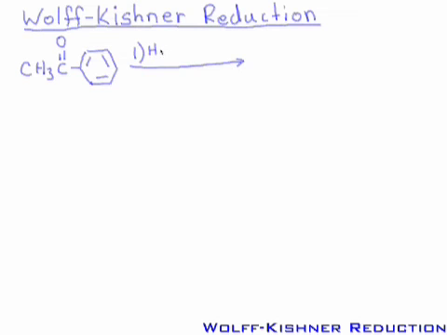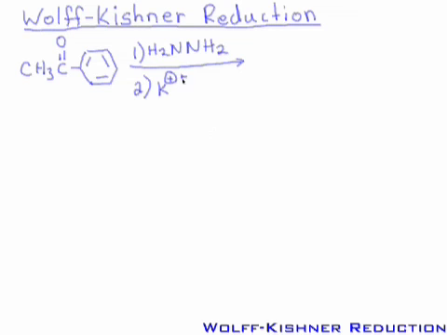It involves two steps. The first step is reaction with hydrazine. Now, do you remember what hydrazine will form? Hydrazine will form a hydrazone. The second step is reaction in base. Now, you can use hydroxide and water, ethoxide and ethanol, or any base really will do.